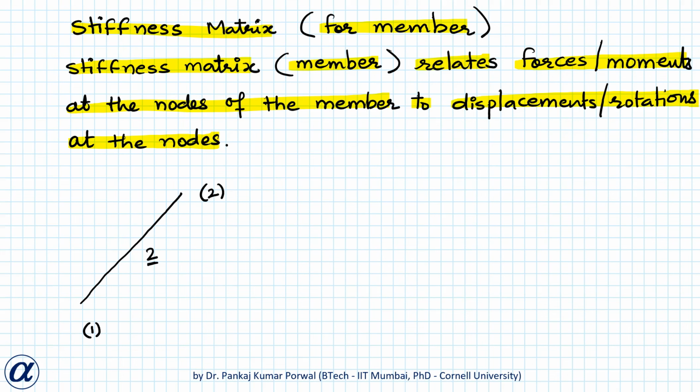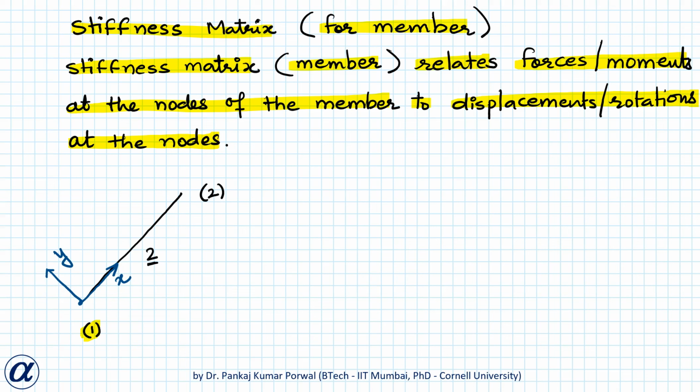The origin of the local coordinate system for this member will lie at the node with the smaller node number, that is 1 in this case. So the origin will be here. The x axis will lie along the member, and the y axis will lie perpendicular to the member.